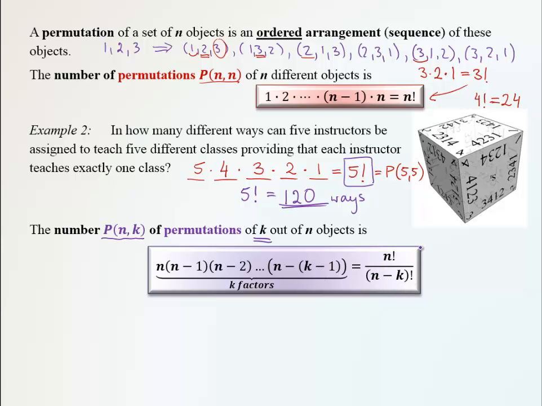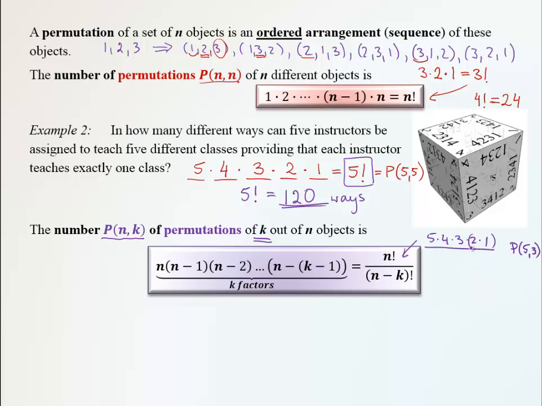Why? Because this n factorial corresponds to all permutations from 1 to n. So let's say if n is 5, like in the previous example, it will be 5 times 4 times 3 times 2 times 1. But if we are taking only 3 places to fill, let's say we would like to calculate P(5,3), then only the first 3 places are important. The last 2 will have to be forgotten.